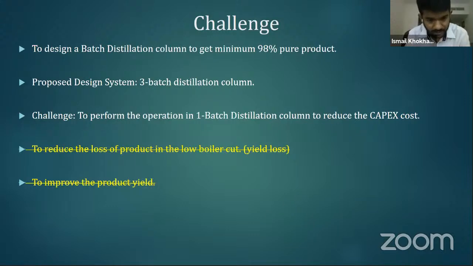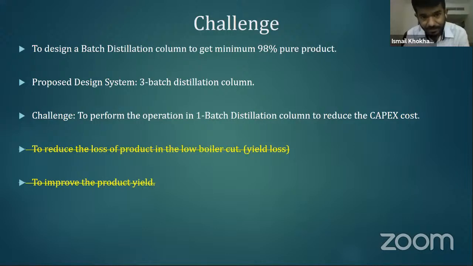That was a big achievement for us, because that was going to accumulate completely in the yield of the system. So the yield loss was eliminated, and the product yield was improved.